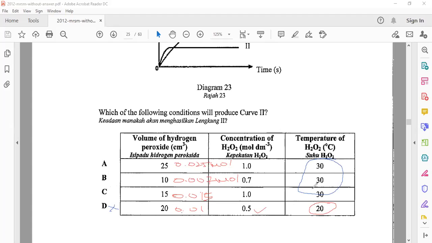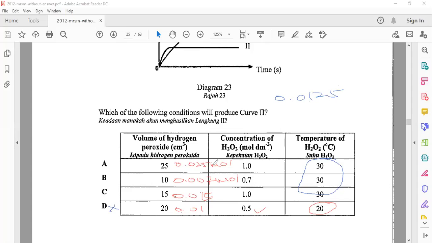So now we need this higher concentration. Initially, we are using 0.5. So A, B, C fulfill the requirement, but we want the number of mole to be lower than the set one. For set one, what is the number of mole that you get? Someone please calculate for me. Tiban, for set one? 0.0125.